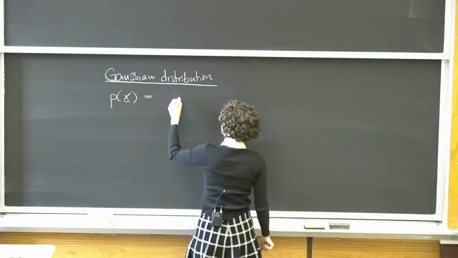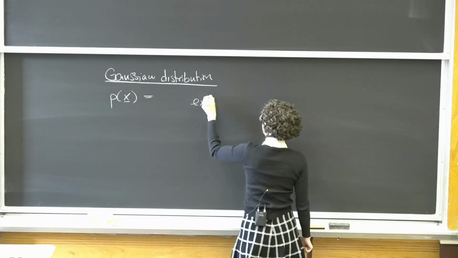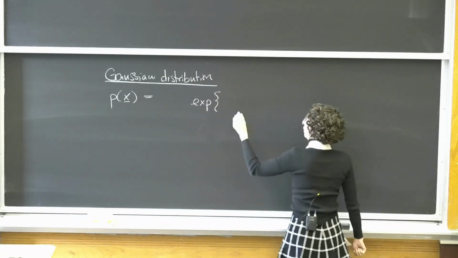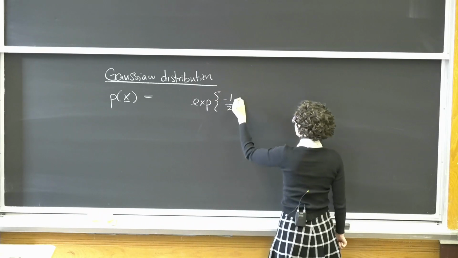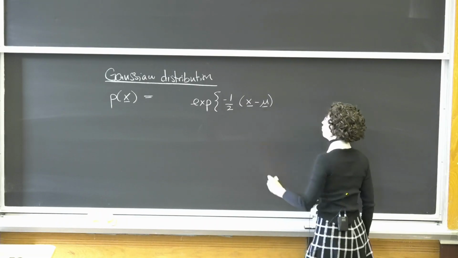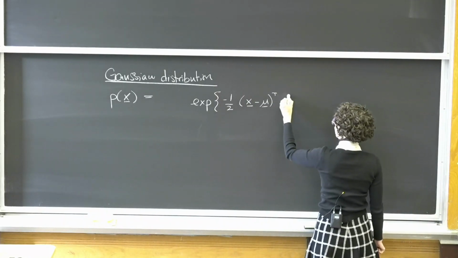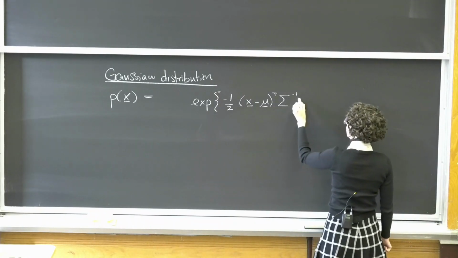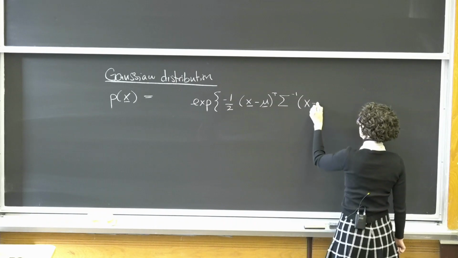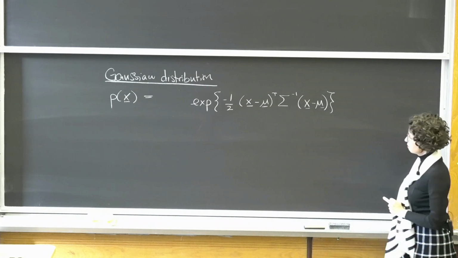So in particular, we are going to have in an exponent negative 1/2 x minus mu, where mu is going to be the mean or the center of the distribution. We'll talk more about that in a second. Sigma inverse times x minus mu. And sigma is the covariance matrix here.